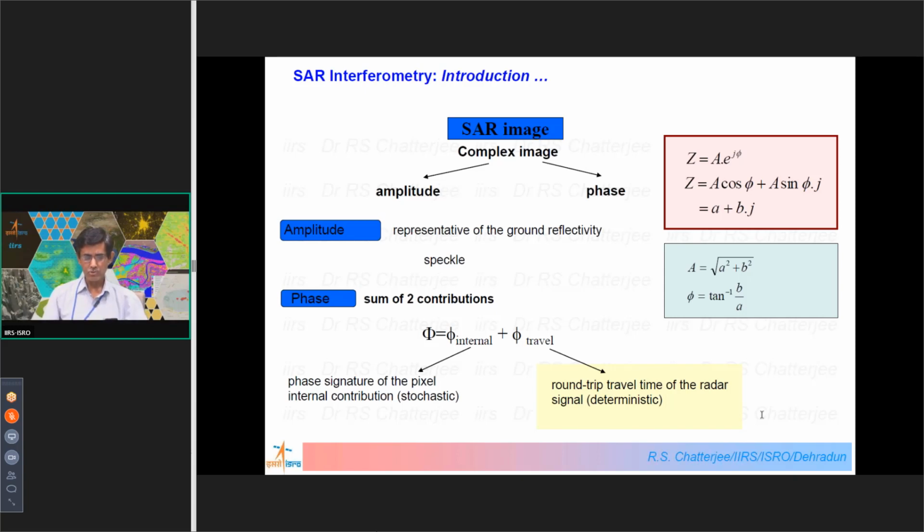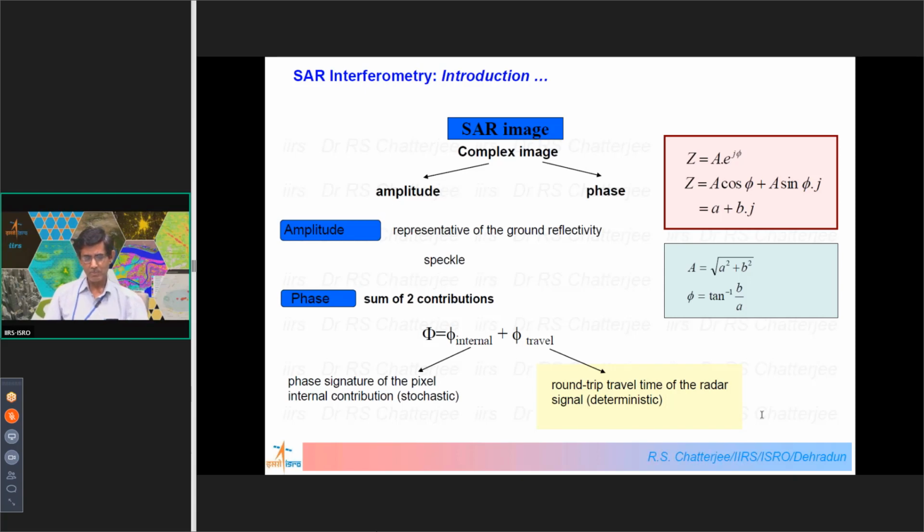For this purpose we use two SAR images. We interfere two SAR images, and then we calculate the phase difference of the two SAR images. In the two SAR images we have both internal phase and the round trip travel phase, and we acquire these two SAR images in such a way that the internal phases are very, very close to each other. So if you make one minus another, what will happen?